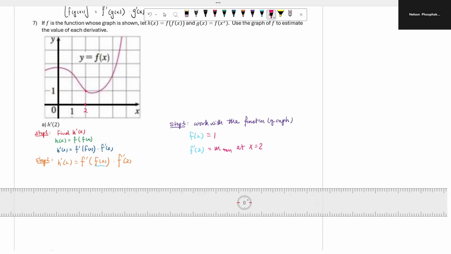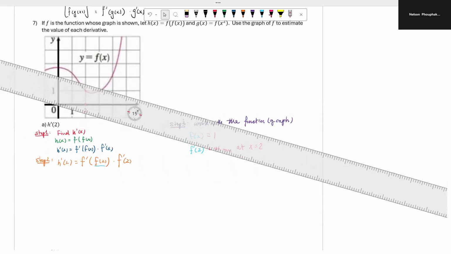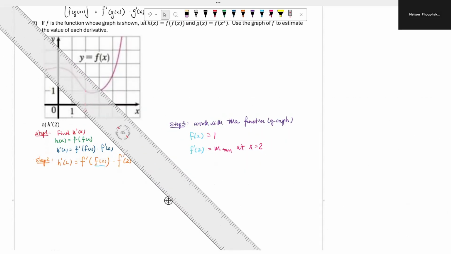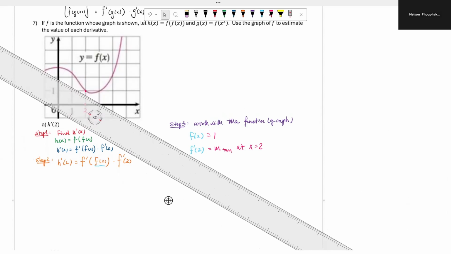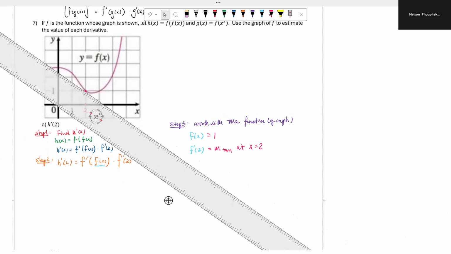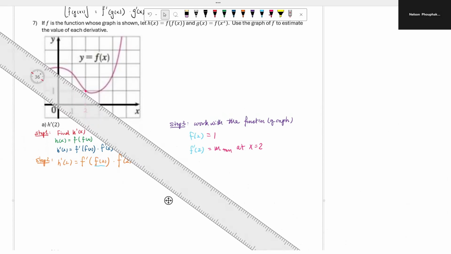So this is the reason why we need to use a ruler, right?